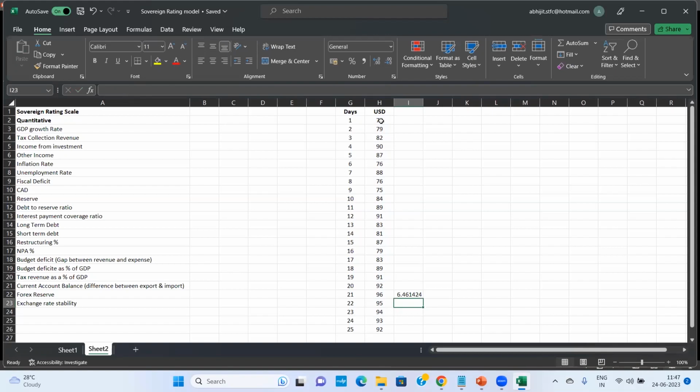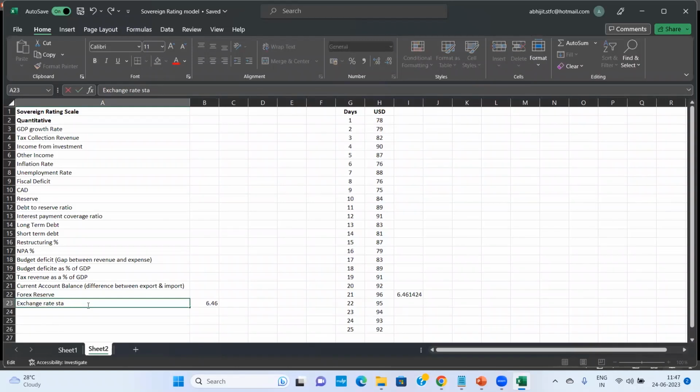This is my variance. This is the standard deviation, right? So I put it here as, rather than stability, I will write exchange rate volatility or variance, right?